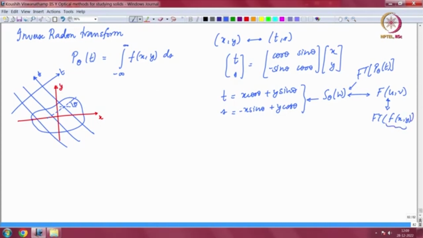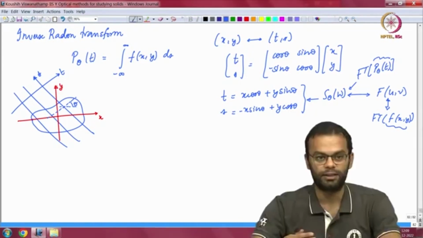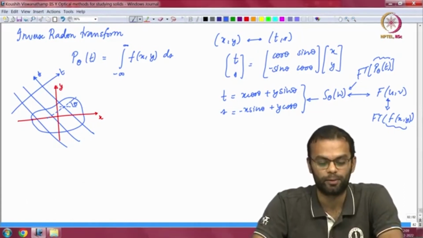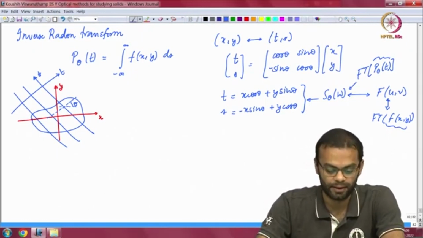So we want to get small f, we have measured p theta, so we can take a Fourier transform of p theta and relate that to the Fourier transform of f. So we can invert the Fourier transform of f and then get f, right. That is a slightly long winded approach, but it is basically what we will do. Right now this might seem a little bit mathematical, but once I show you what these things look like, it will be a little bit clearer and hopefully you will be able to appreciate some of these transformations.